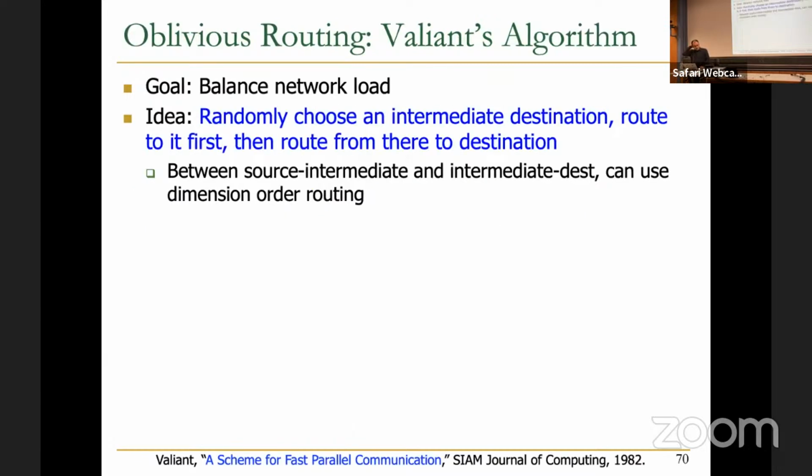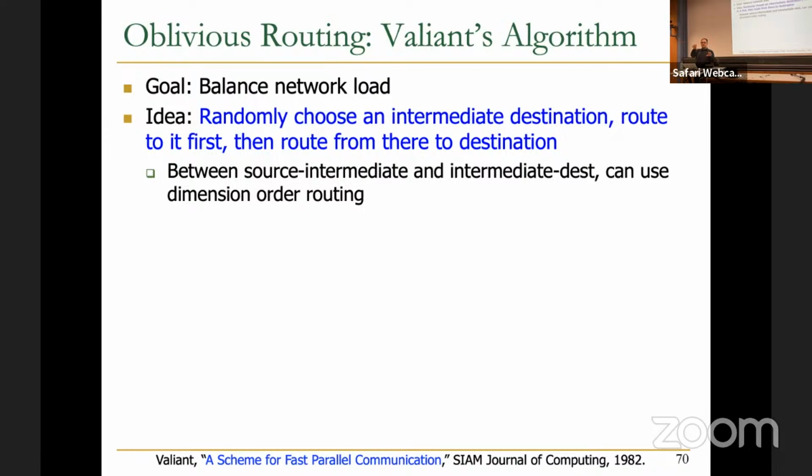Okay, so oblivious routing, and one version of it is Valiant's algorithm. The goal is to balance the network load, but at the same time, we don't want to impose a lot of overhead. The idea is actually quite interesting. You randomly choose an intermediate destination. So you have a source and destination.